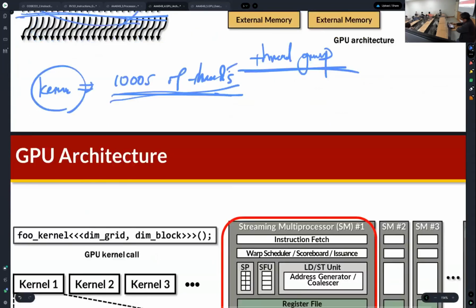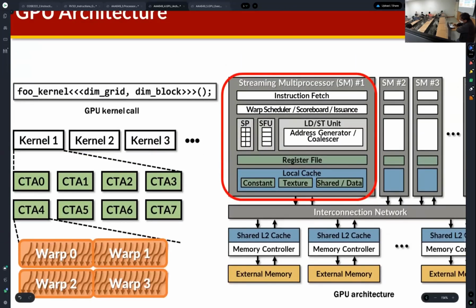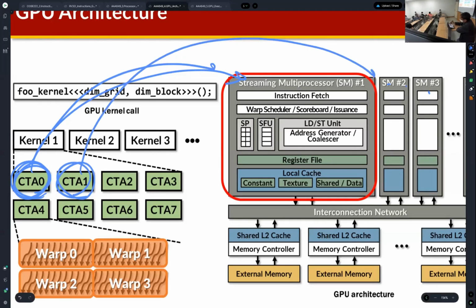But when a kernel is assigned to the GPU, these CTAs are assigned to the SMs first. So CTA 0 is assigned to SM number 1, CTA 1 is assigned to SM number 2, CTA 2 is assigned to SM number 3, something like this.